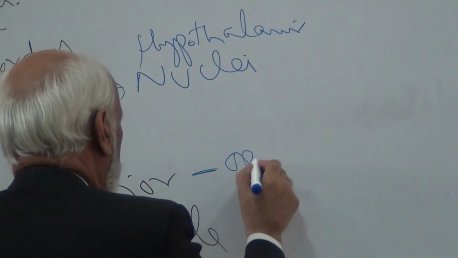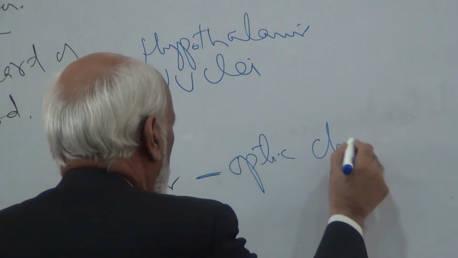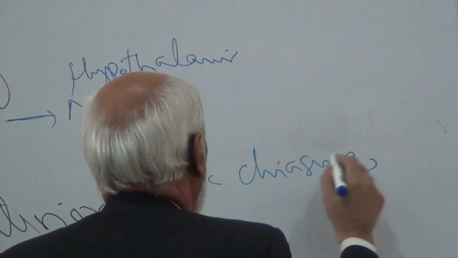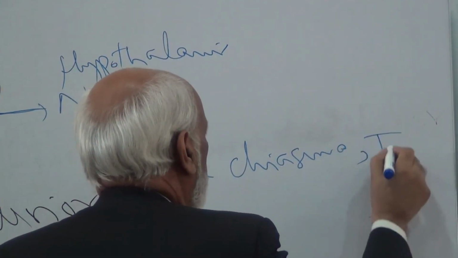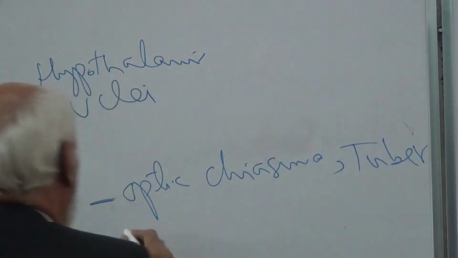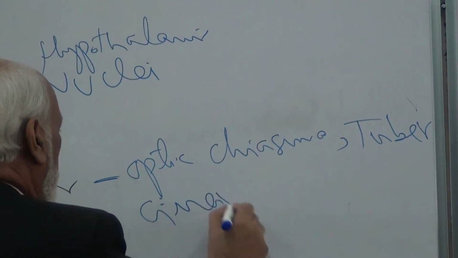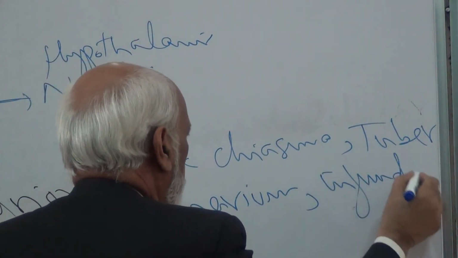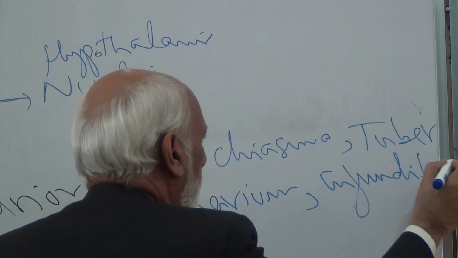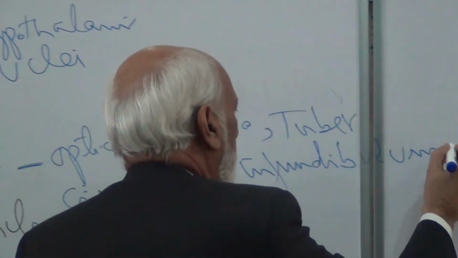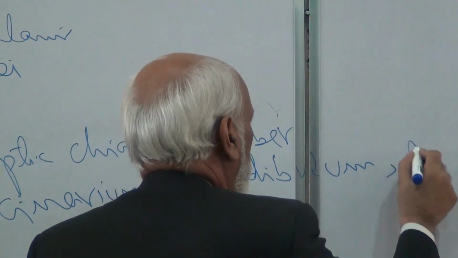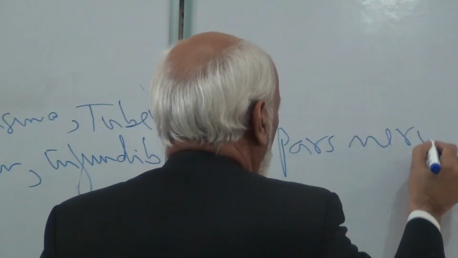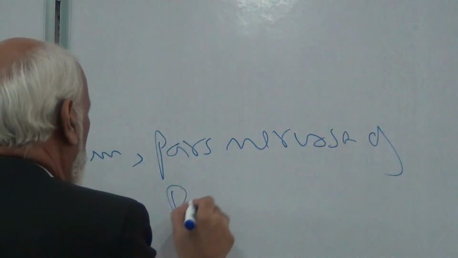For example, optic chiasma, then tuber cinereum, infundibulum, and pars nervosa of pituitary gland.